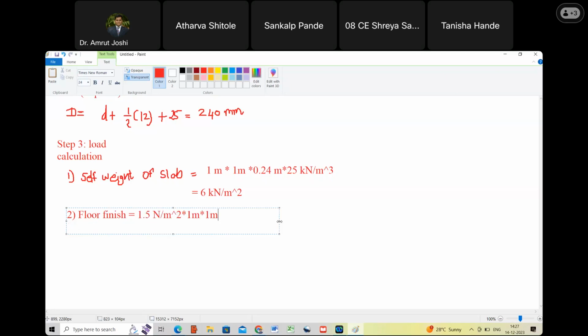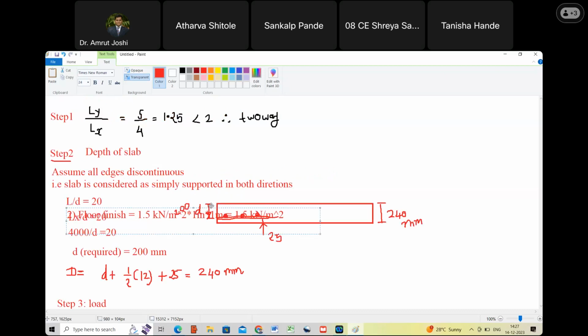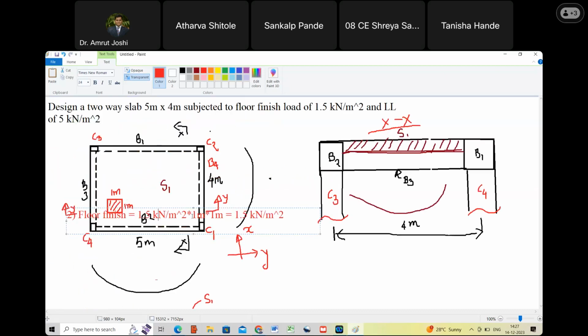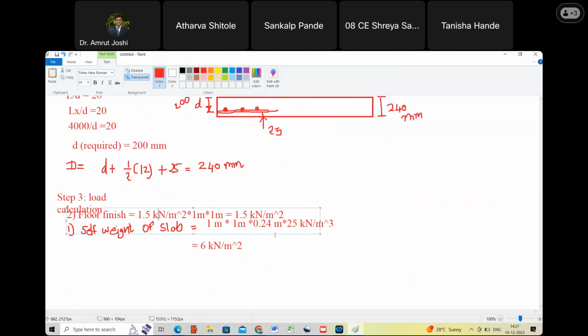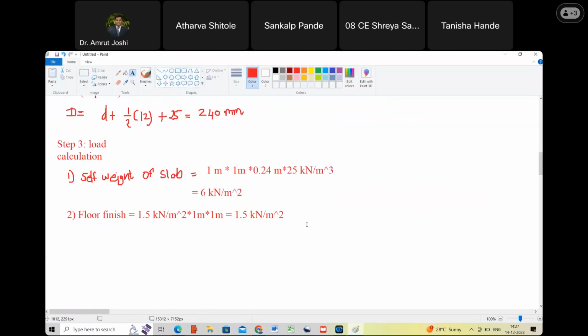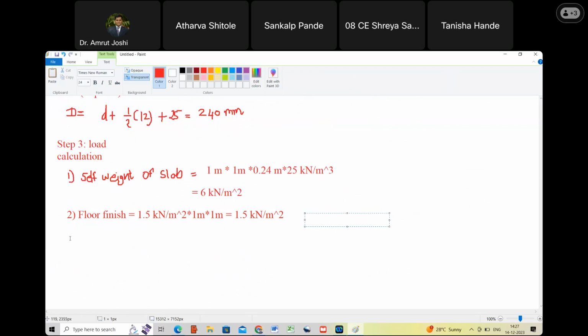That will remain equal to 1.5 kilonewton per meter square. Though unit wise it should be kilonewton, we know this load repeats itself on every 1 meter by 1 meter chunk on this slab. Are you with me? Yes, sir. So therefore it is 1.5 kilonewton per meter square.